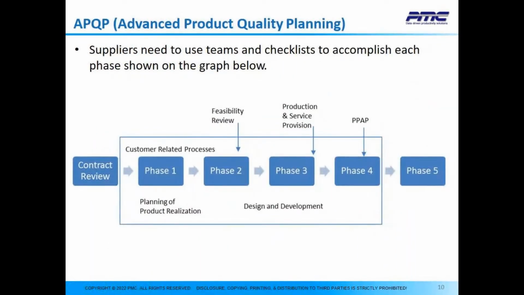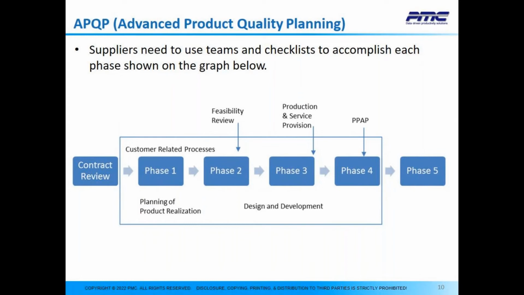So APQP is a structured methodology to proactively mitigate design and process risks. It ensures that quality products can be produced by a capable production system at the intended production rates. Product quality planning requires a planning team to concentrate its efforts on problem prevention.